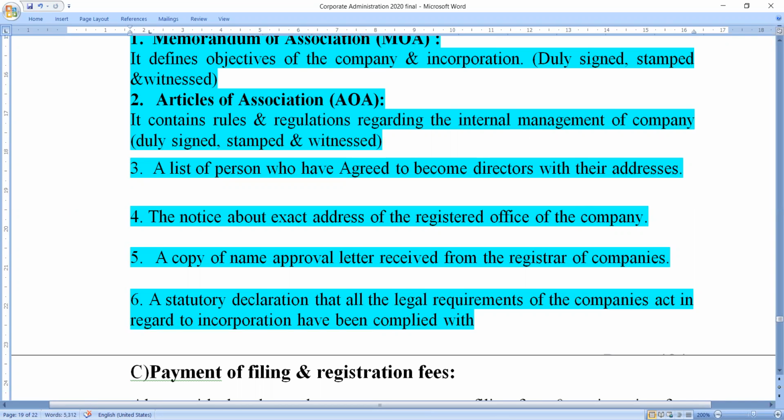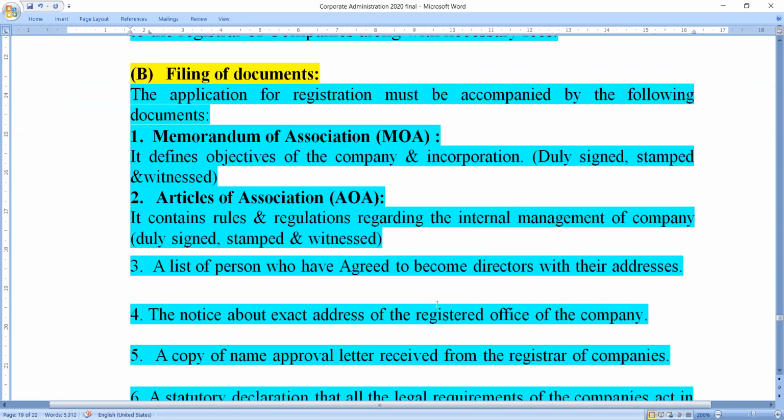All lawful rules and regulations prescribed in the Companies Act 2013, we must satisfy and we are following. So this is another most important document, called the statutory declaration, also given by the company to the concerned registrar to get an incorporation certificate. So these six are very, very essential documents that must be filed by the promoter to get an incorporation certificate.